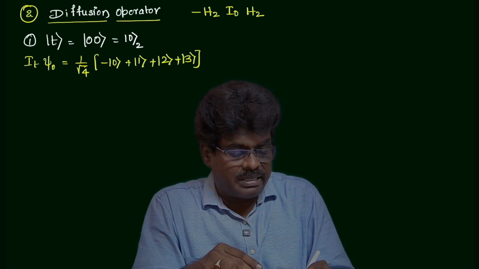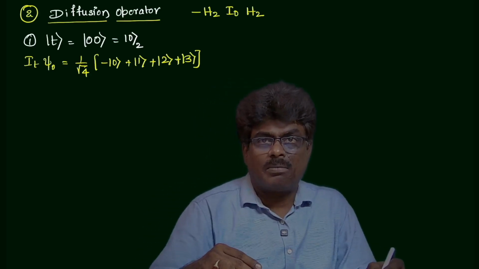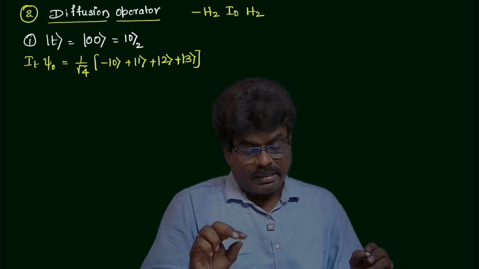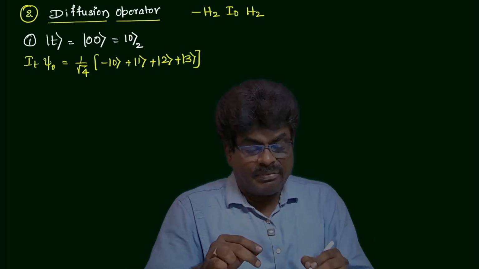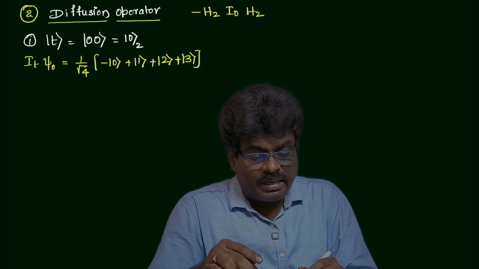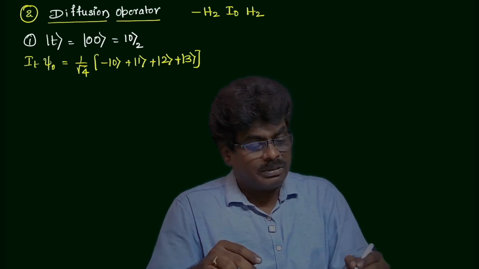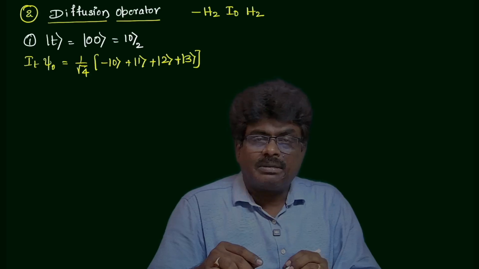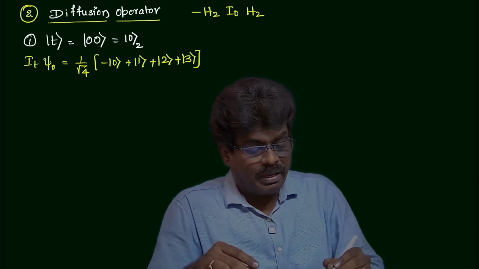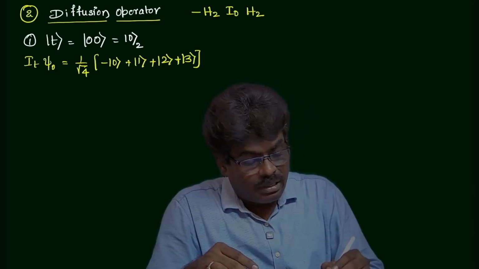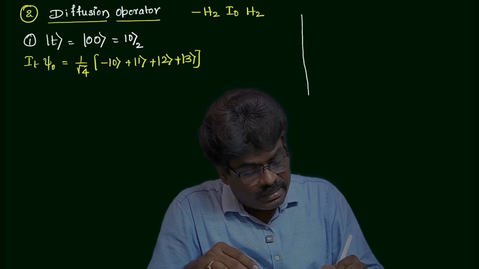Only the target state is negative and the remaining states are positive. Now here we have this diffusion operator. So this is H2, that means H tensor 2. So here I am using the phase table. Okay, I hope I have already explained this earlier.